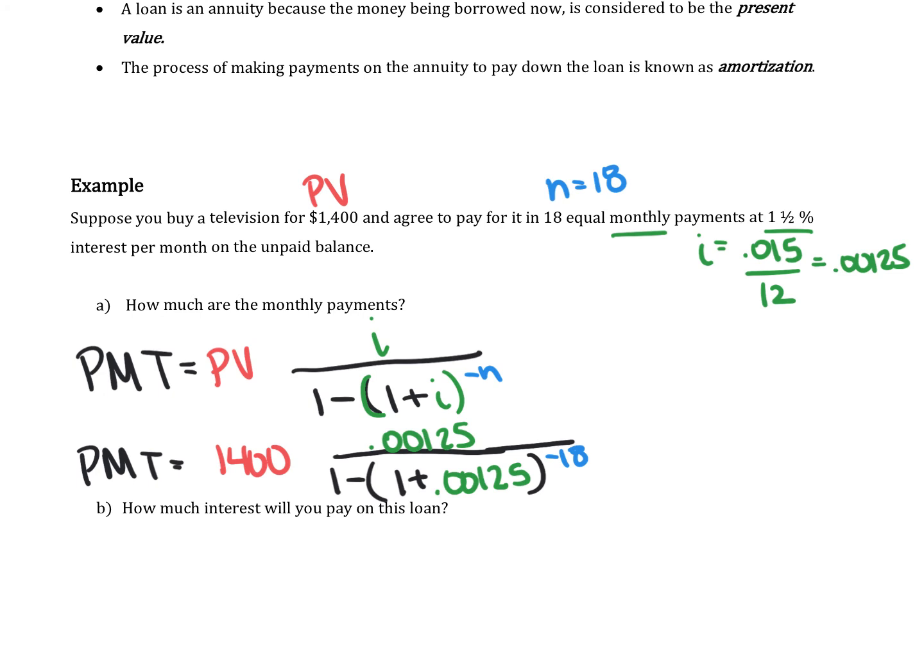So when I calculate this, I always do the bottom part first. So I'm going to do 1 plus 0.00125, raise that to the negative 18th power.